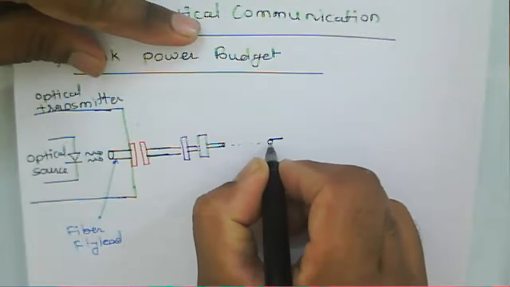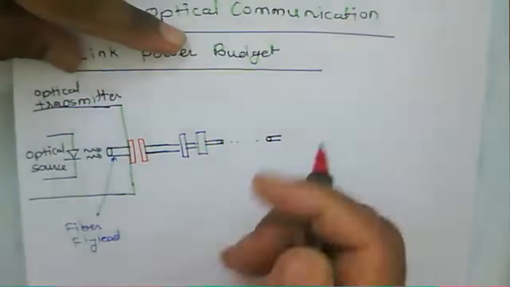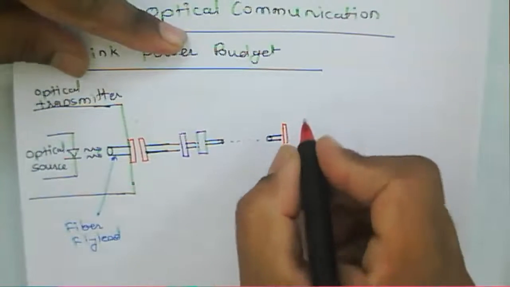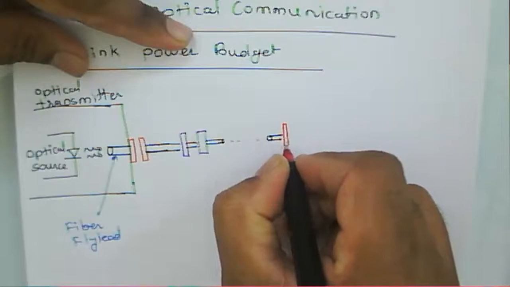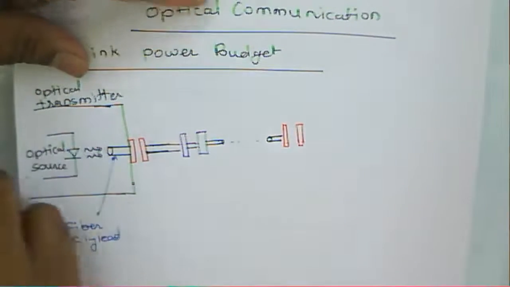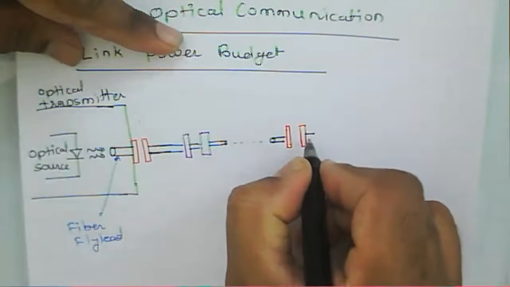Then we again use a connector, because in between, if we have any repeater or anything else, then we require a connector in this link.